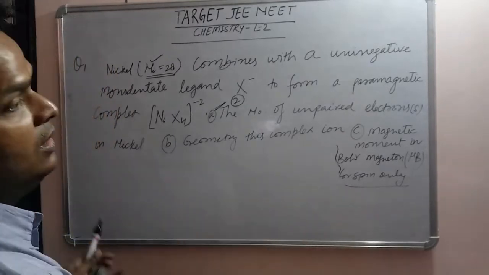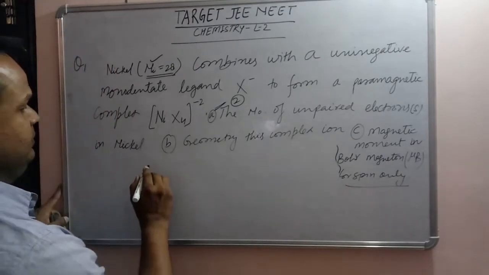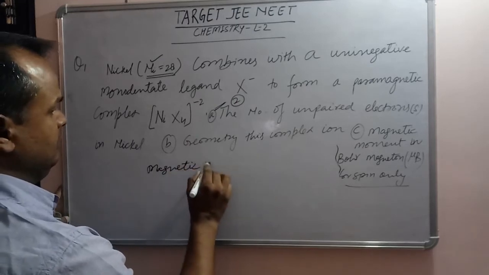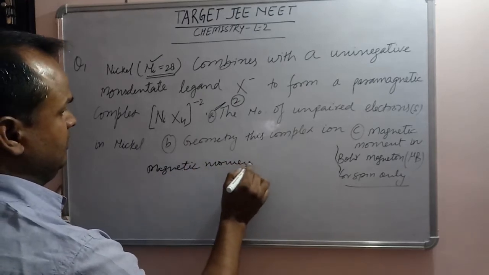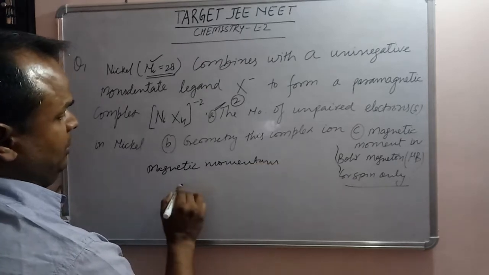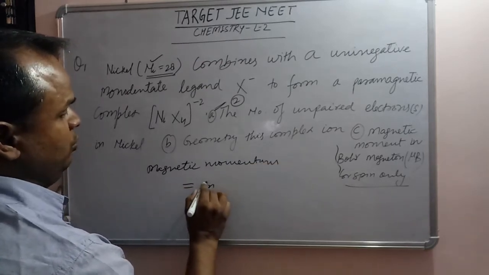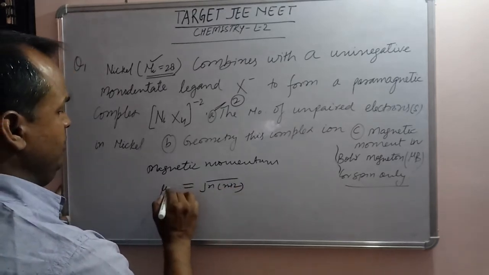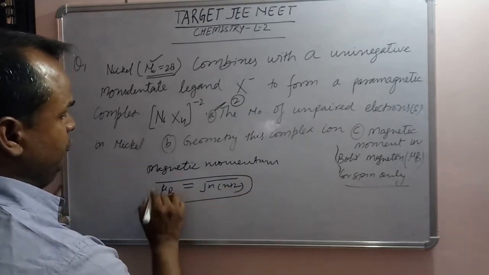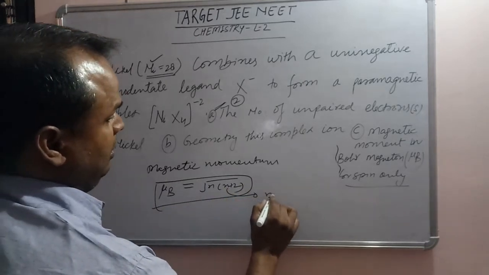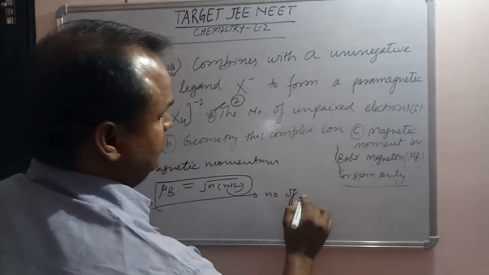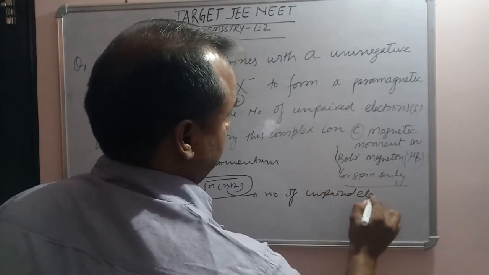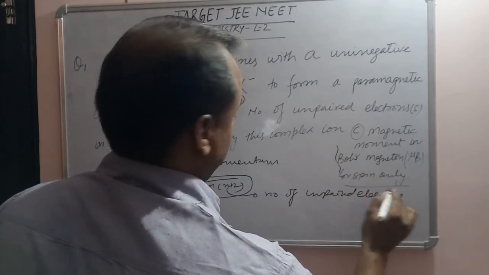Part C is magnetic moment. It is equal to root of n into n plus 2, that is mu B, where n is the number of unpaired electrons. So write down the value.